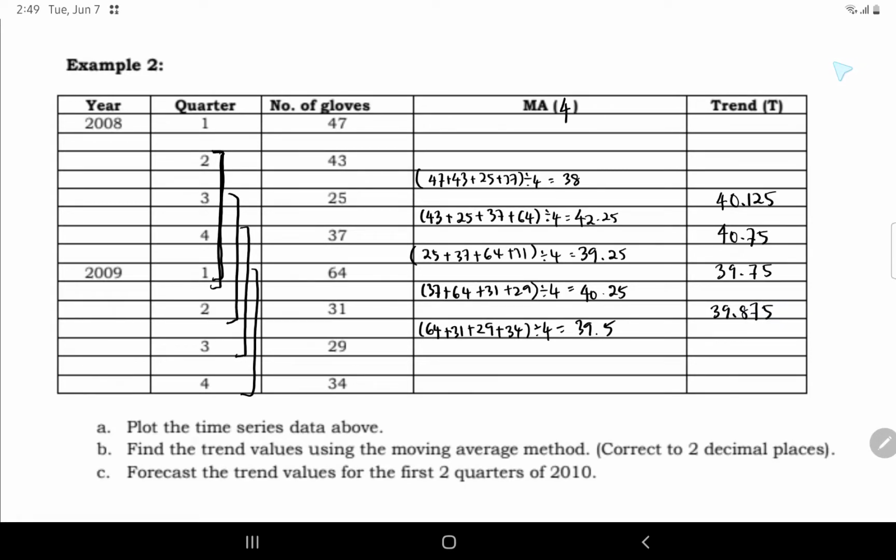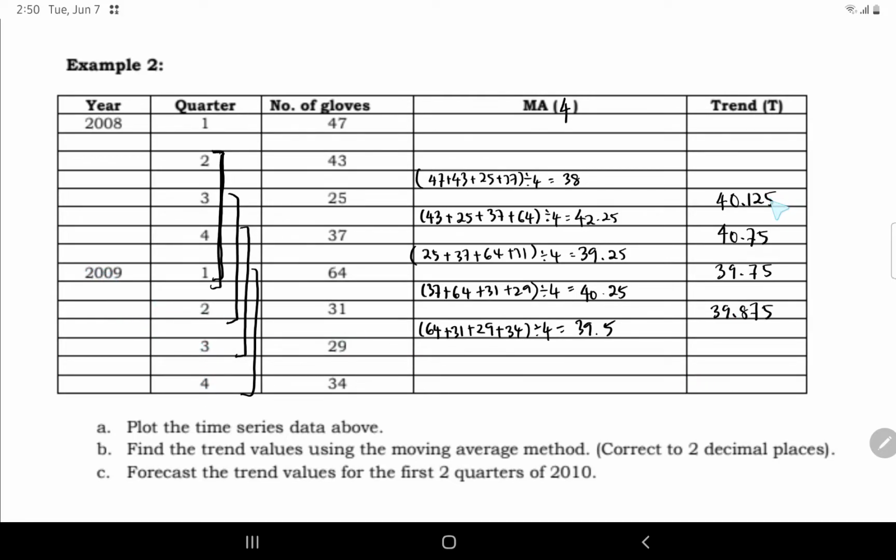So you can look at here, this is the trend value. Yang trend value ni kita hanya ada value, kita start dekat sini. This is the value for the third quarter of 2008. So trend untuk first quarter and second quarter 2008 kita tak ada, dan trend value for quarter 3 and quarter 4 for 2009 pun kita tak ada.